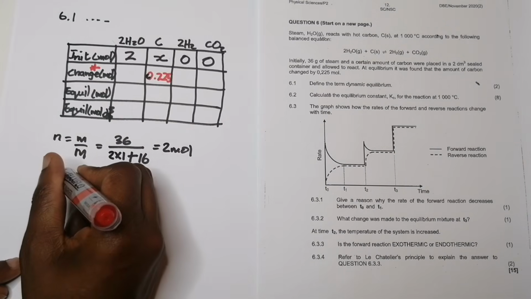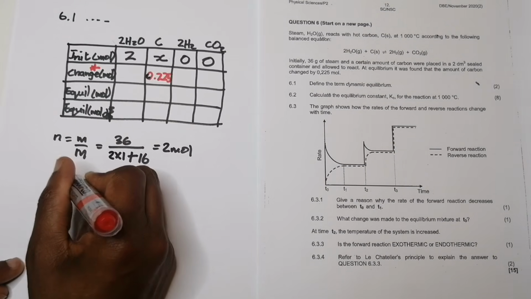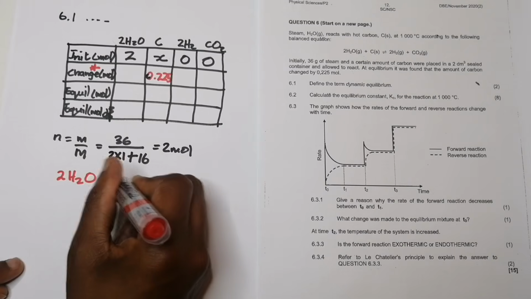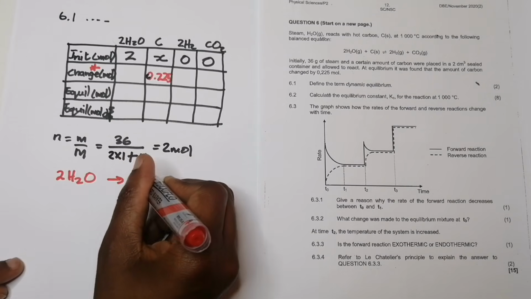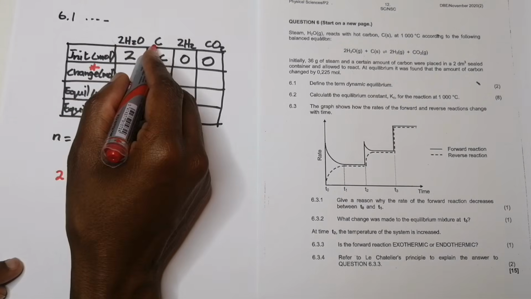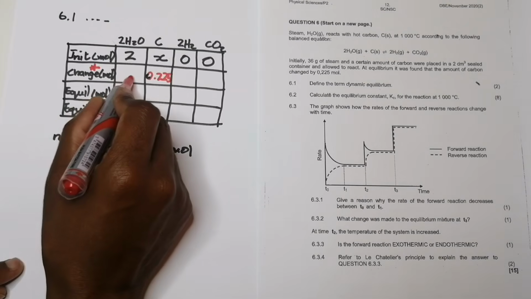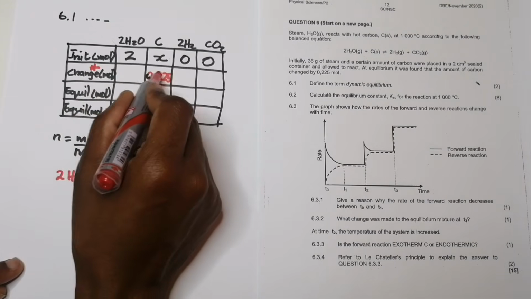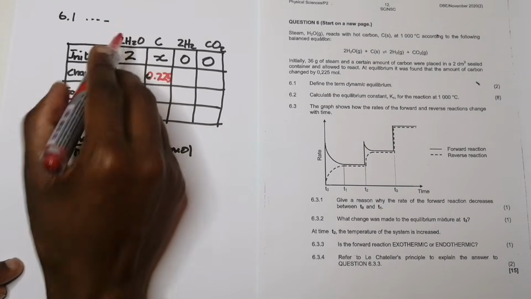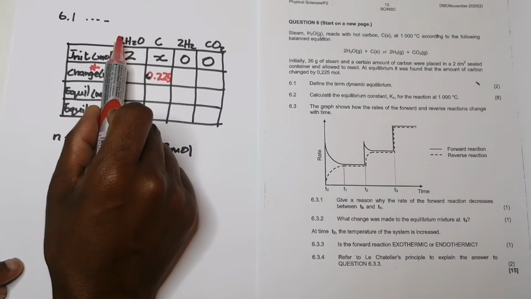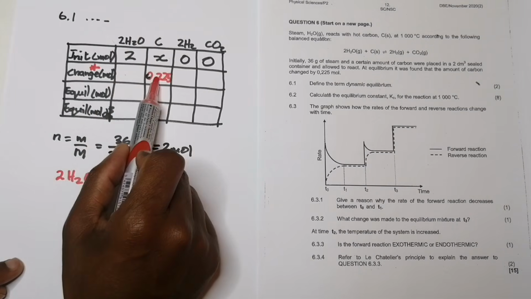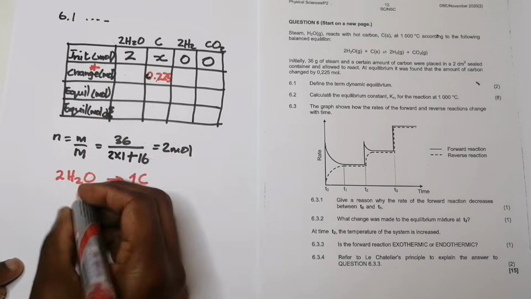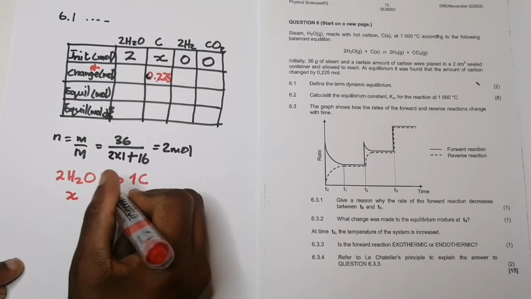So look at this. Let's use ratio and proportion. For every 2 moles of H2O, I'm going to use 1 mole of carbon, right? So my question is, for how many moles am I going to use 0.225? And note, same things on the same side. For every 2, there's 1. For how much will I have 0.225?